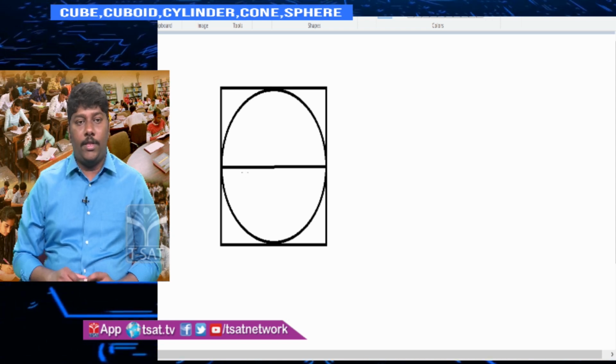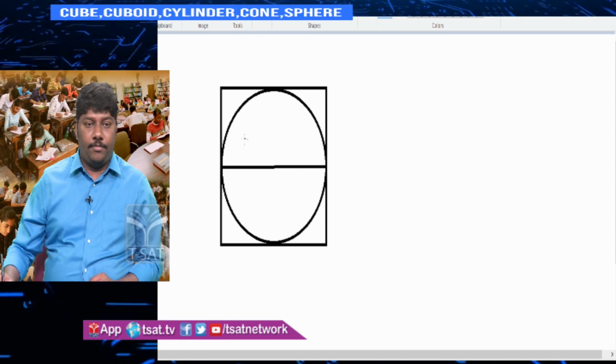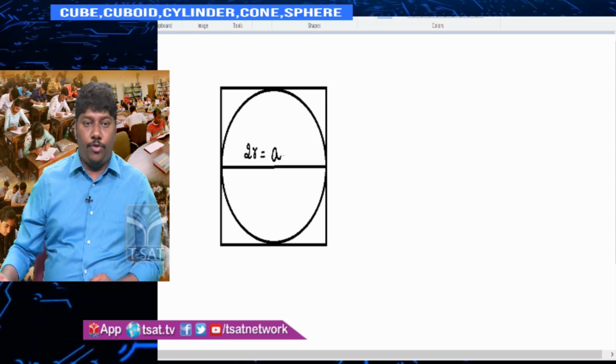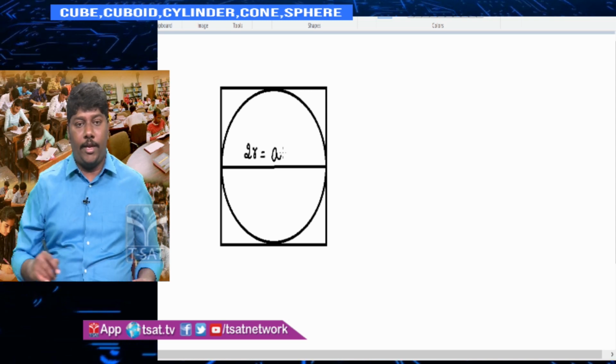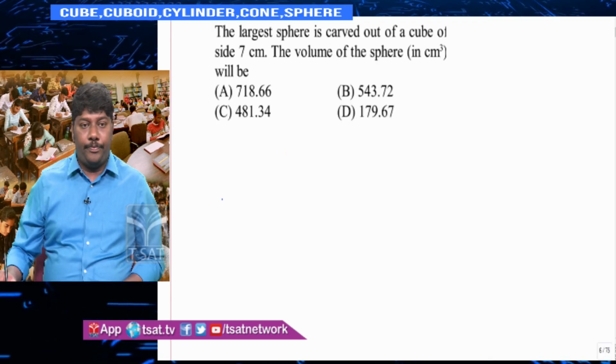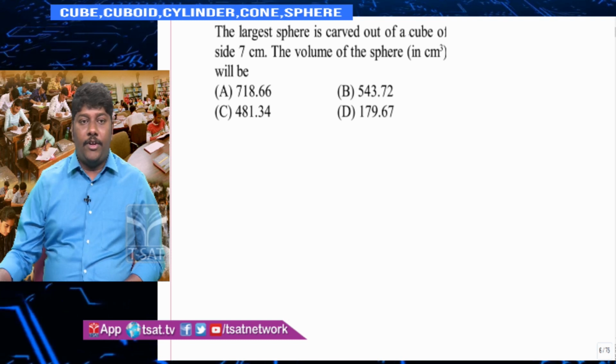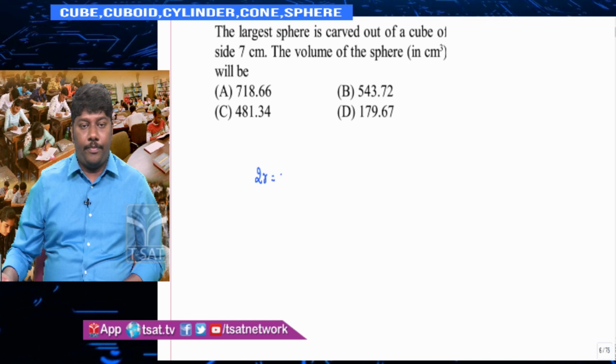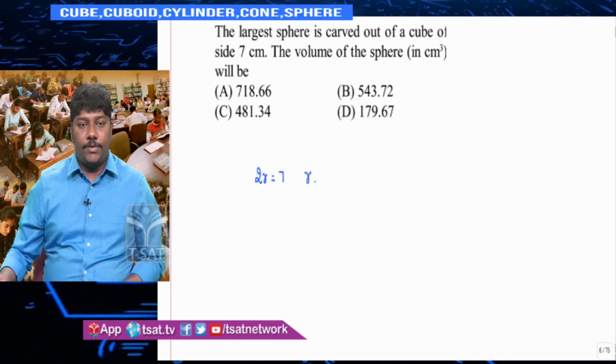Now, what will be equal? The diameter of the sphere, that is 2r, should be equal to the edge of the cube. 2r is equal to a here. So, I am taking the same value. Carved out of a cube of 7, which means 2r is equal to 7. r is equal to 7 by 2.